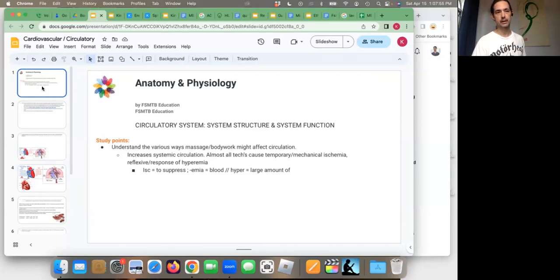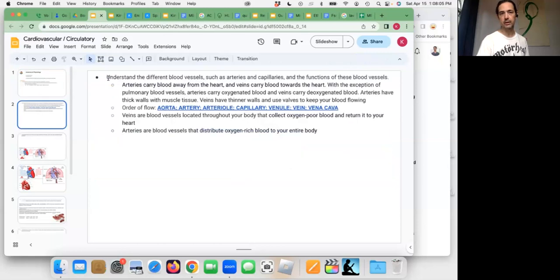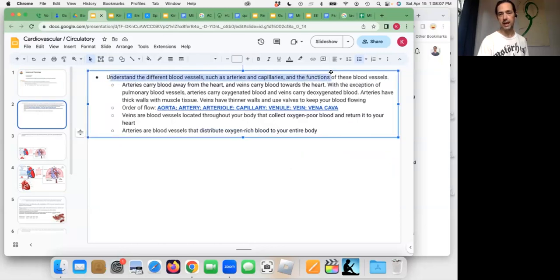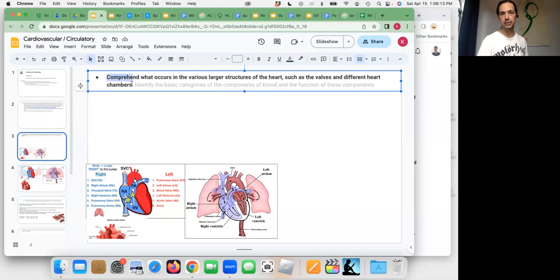Your study point, which you're responsible for, is to understand the various ways massage might affect circulation, understand the different blood vessels like arteries and capillaries and the functions of those blood vessels, and then understand the larger structures of the heart, and as a result, the flow of the blood in the heart.